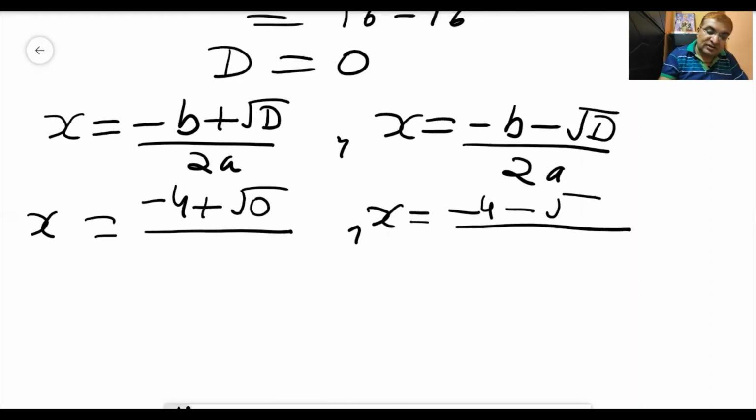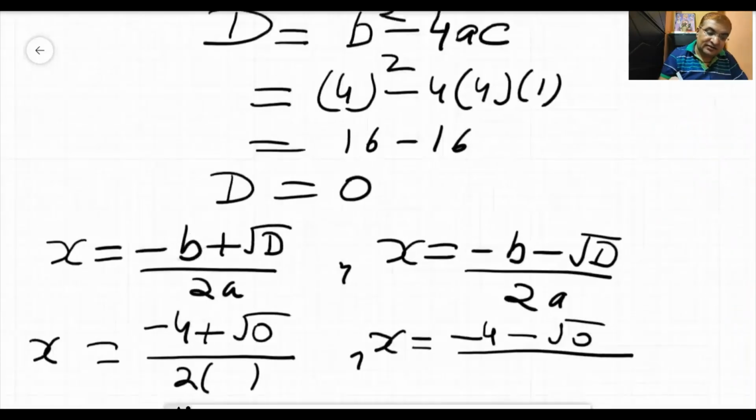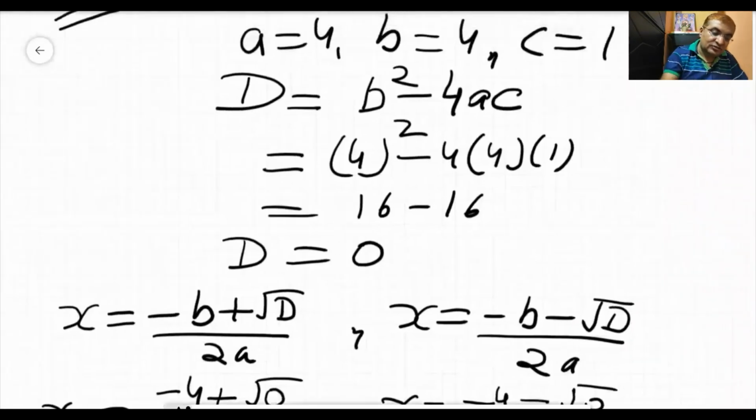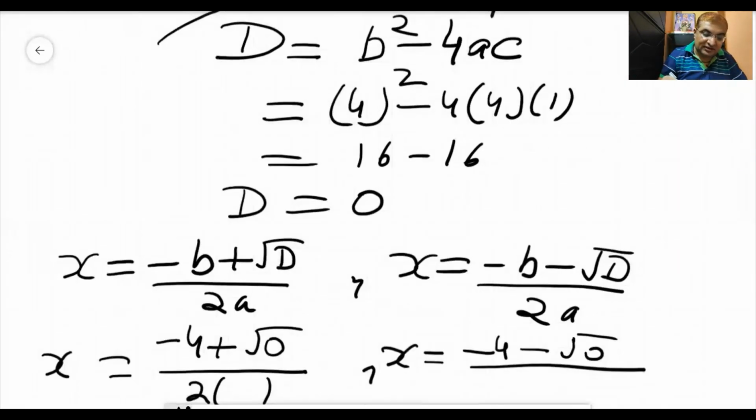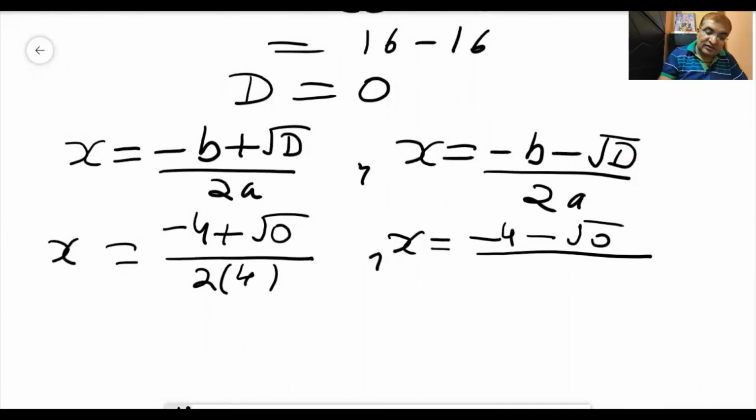Here also root d becomes root 0, and 2 into a, just see value of a was 4, so the same value is being substituted right here.